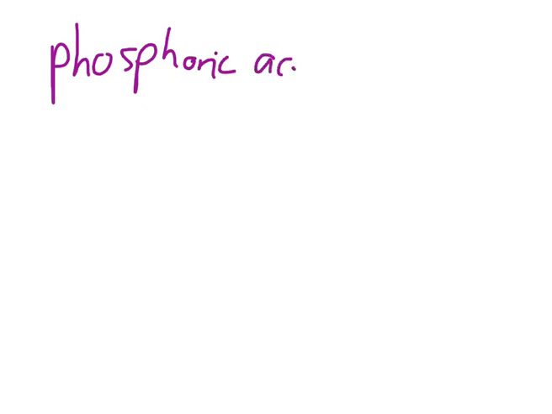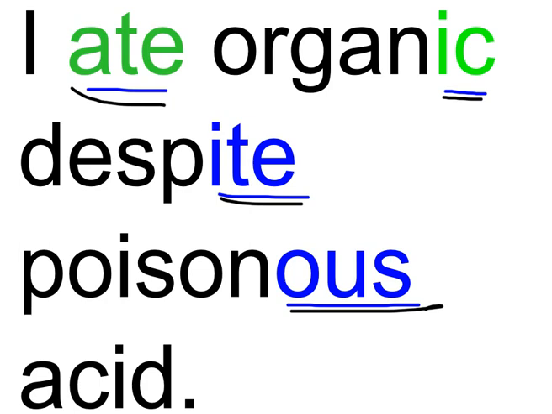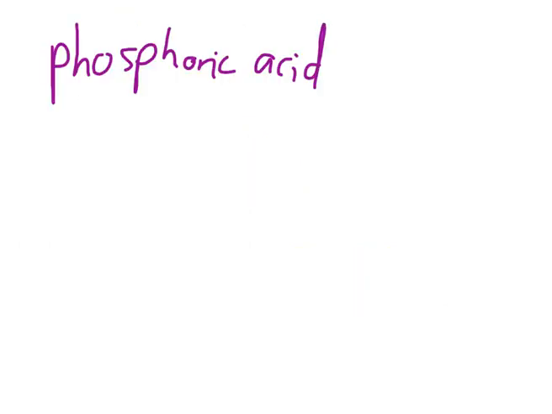So let's wrap up with just a couple more quick examples. What would phosphoric acid be? Okay, let's check. Ic means ate. So this would be based on phosphate. Well, phosphate is PO4, 3 negative.